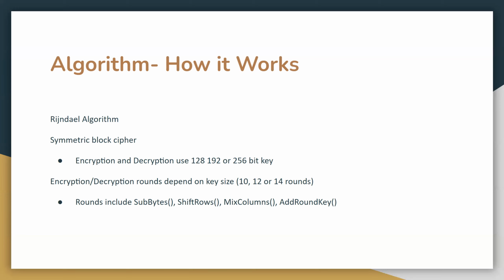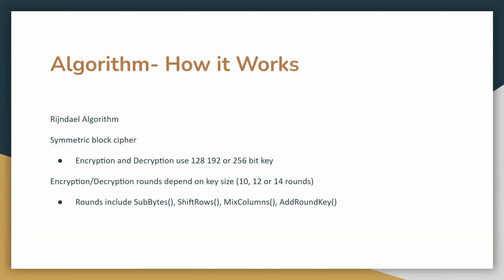The encryption and decryption rounds depend on the key size. The lower 128-bit key size calls for 10 encryption rounds. In each round of encrypting, there's a sub-bytes operation where bytes in the state are transformed to other bytes. There's a shift rows operation where the last 3 rows of the state are shifted to the left.